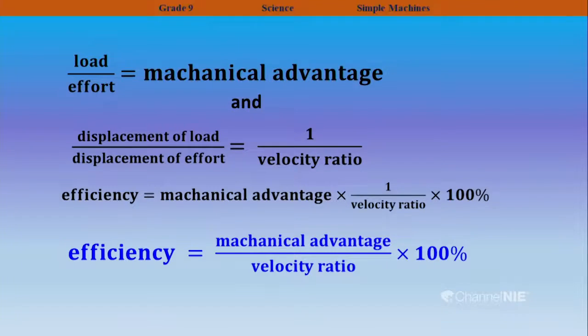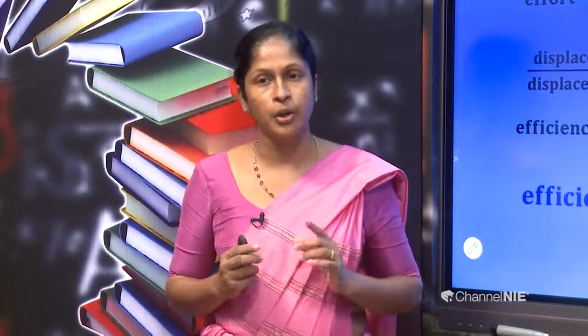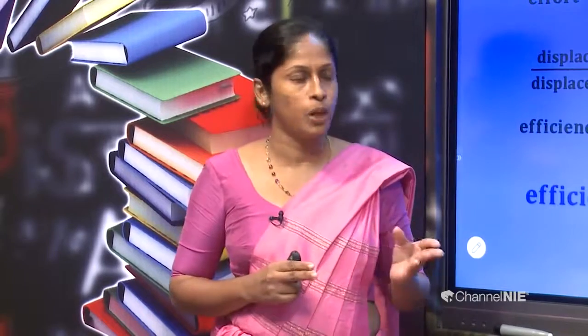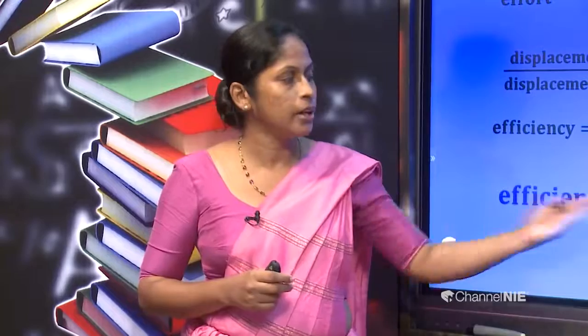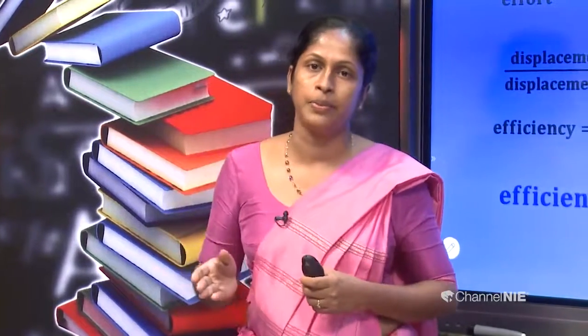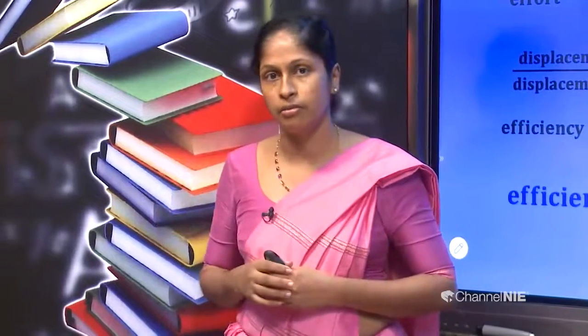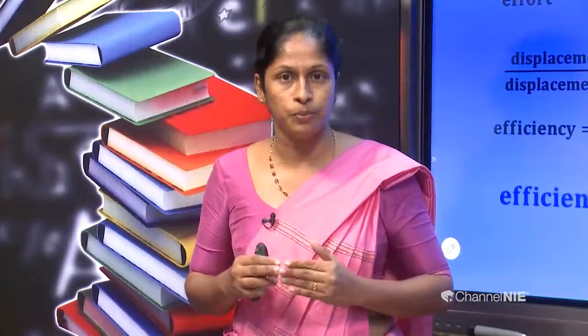When you are calculating the efficiency, you have two ways. One is by using mechanical advantage and velocity ratio, and the other way by work input and work output. That should be decided by you.